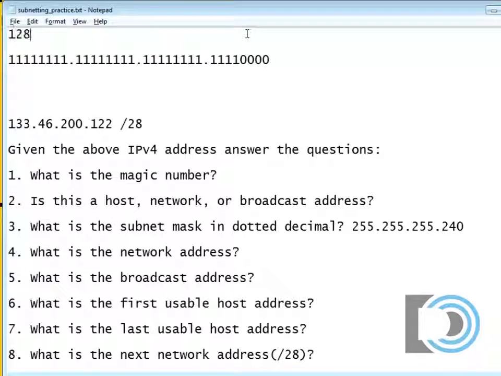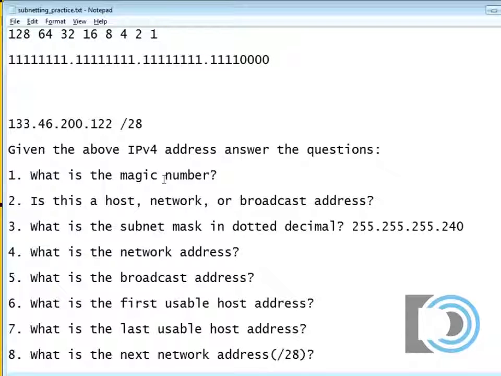So you have to know your place values. So maybe I'll put those up here just so I know them: 128, 64, 32, 16, 8, 4, 2, 1. So 128 plus 64 plus 32 plus 16 is 240. And the only reason I can add that up really quickly is because I've done it a million times.